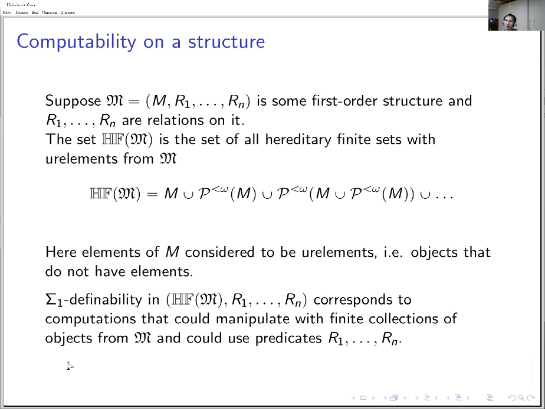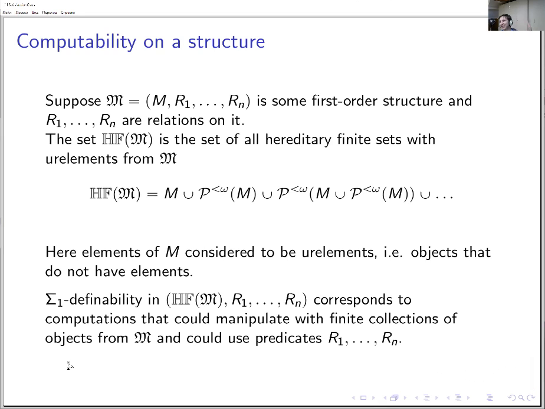For this, we could define this model of computation in terms of a relativized hereditarily finite universe. Rather than considering sets built out of the empty set in the Zermelo-Fraenkel fashion, we'll consider sets with urelements.